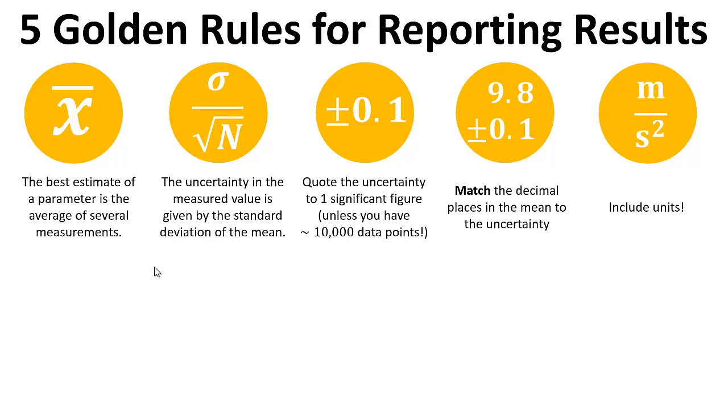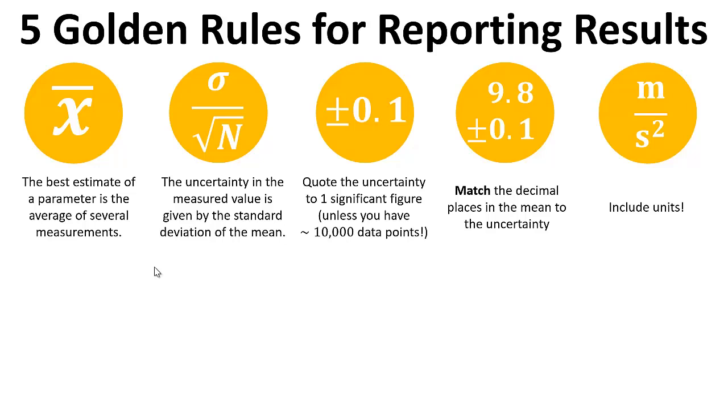The uncertainty we're going to report is given by the standard deviation of the mean. We're going to quote that uncertainty to only one significant figure. Unless you have something of order 10,000 data points, then you need to start worrying about including more than one sig fig in your standard deviation of the mean. But for all intents and purposes, one significant figure in the uncertainty will be just fine.